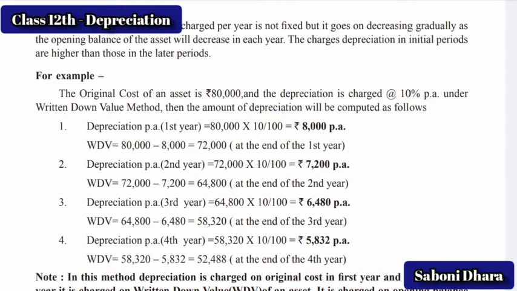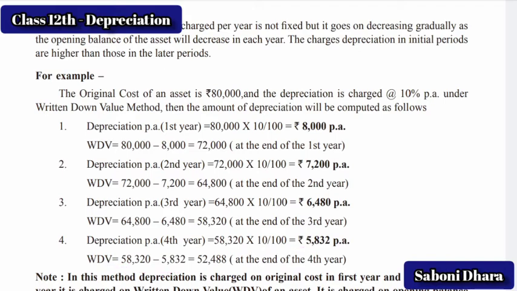And then again it is deducted from the balance. So we are getting 58,320 on the third year, and again the same sequence goes on, that is 5,832 will be the depreciation at 10%, and at the end after deducting from the balance we are getting 52,488.